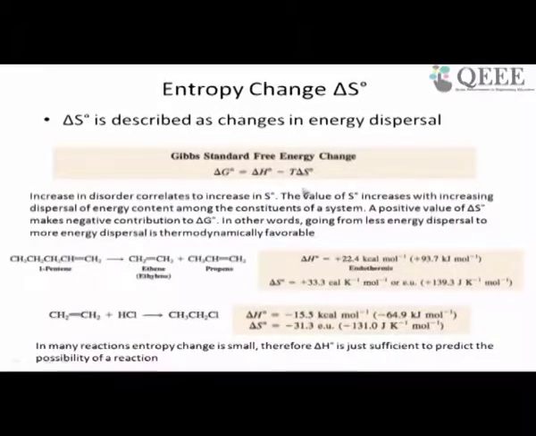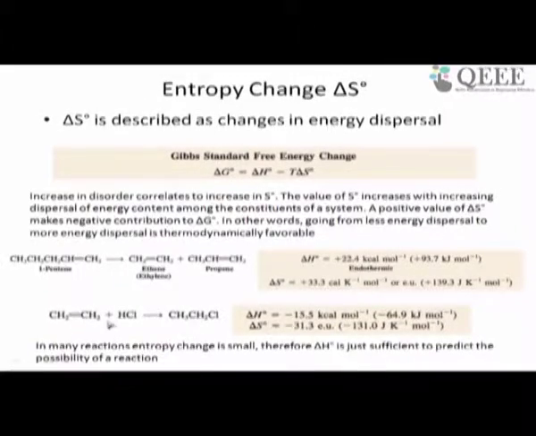I'm not going to do that exercise now, I will do it a little later, but you can check for yourself by putting in the values whether this will occur at room temperature or not. This reaction will not work at room temperature, because delta G will still be positive if you substitute these two values. That I will show in the calculation part when we come to solving problems.